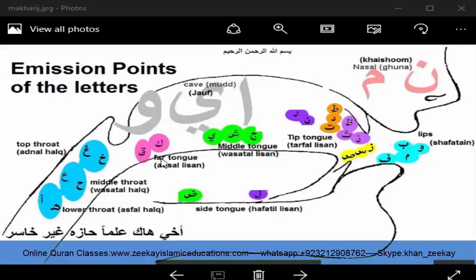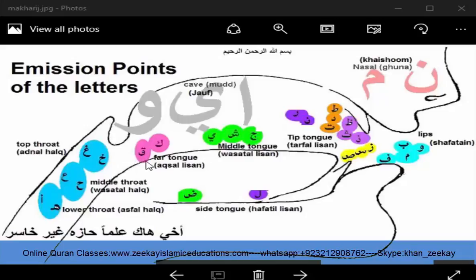After that, the part of the tongue known as the far tongue, which is nearer to the uvula. The uvula is that part of flesh hanging in the mouth, as you can see in the picture.